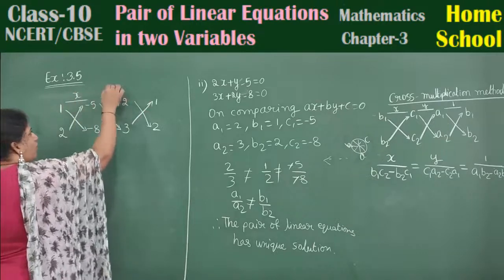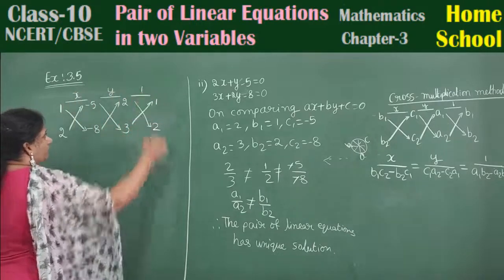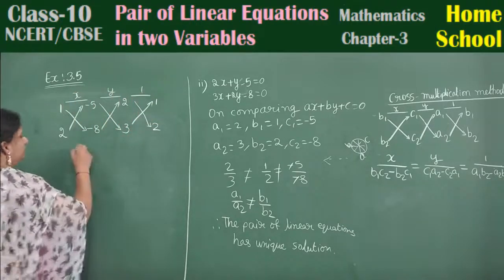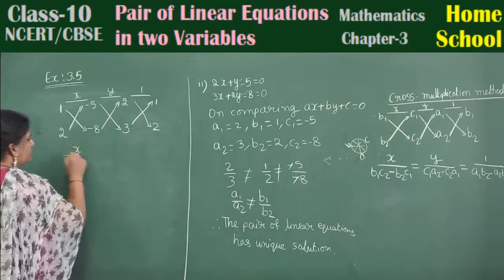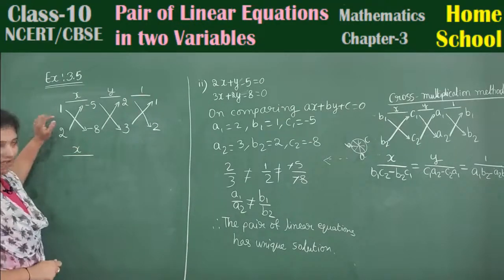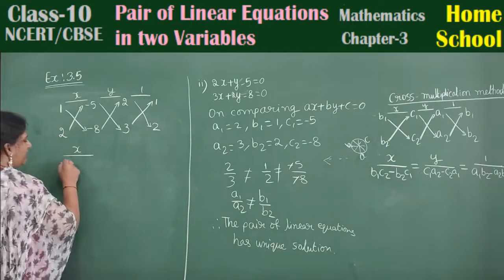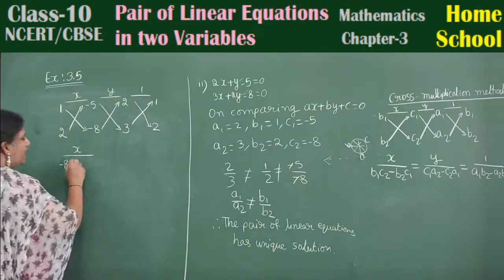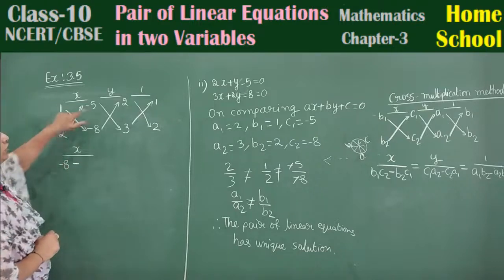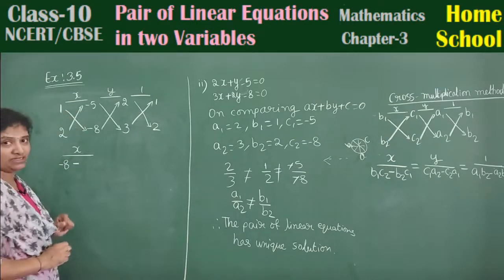X, Y, 1. Right? So now x by, multiply this carefully. 1 into minus 8 minus 8, minus 2 into minus 5 minus 10.